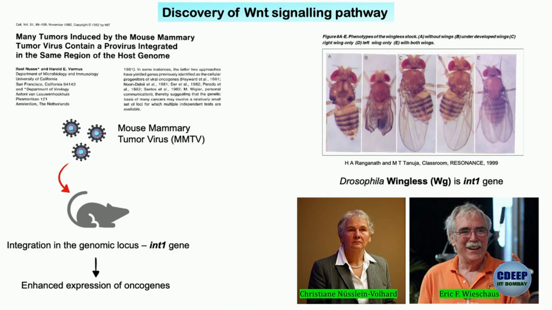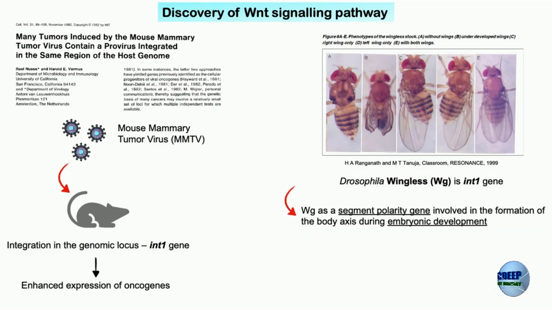Eventually the counterpart of this INT1 gene is this Drosophila wingless gene which they discovered. They called it wingless because the fly you see over here does not have any wings, or the other fly has very curtailed wings, or this fly has only one wing and not the other one. This is your wild type fly which has both the wings.